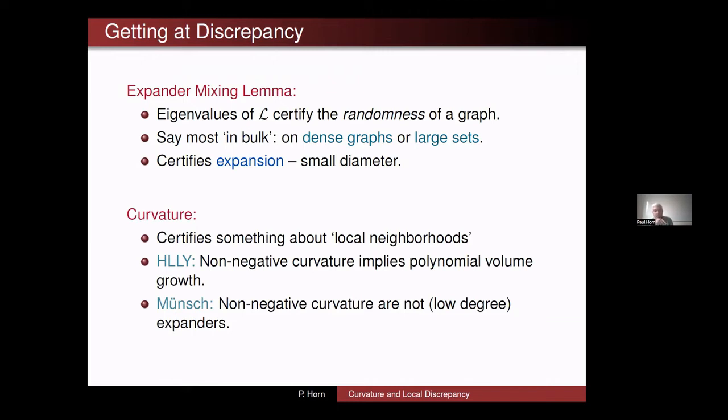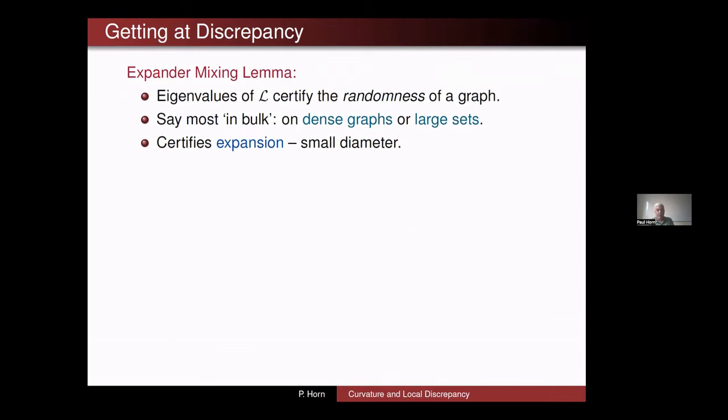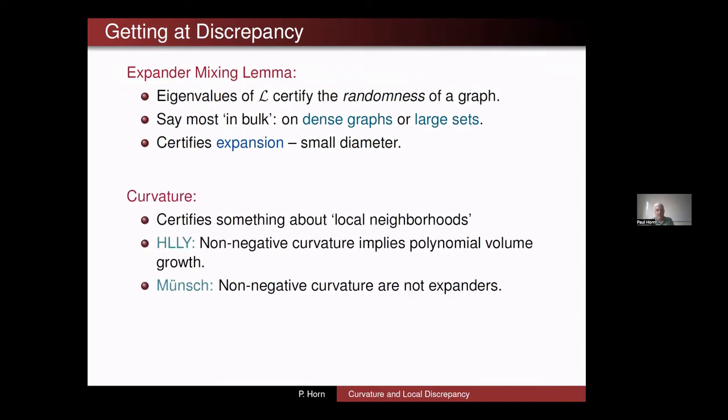It turns out that non-negative curvature implies polynomial volume growth, and it's a result of Florentin Münch that if you have a graph with non-negative curvature and bounded degree, it's not an expander, it's somehow the opposite. So in some sense, it's saying something quite opposite.